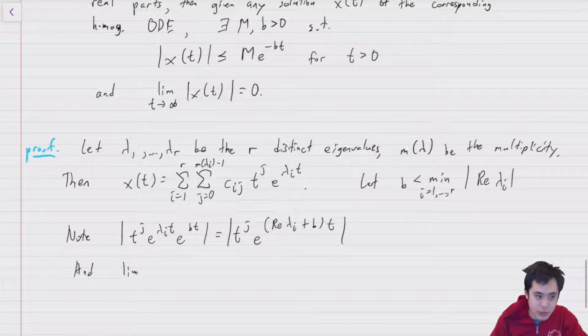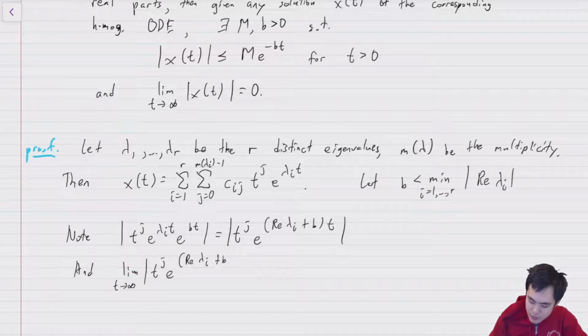And we know that the limit as t goes to infinity of t to the j e to the real part of lambda I plus b times t is equal to 0. Why is this?